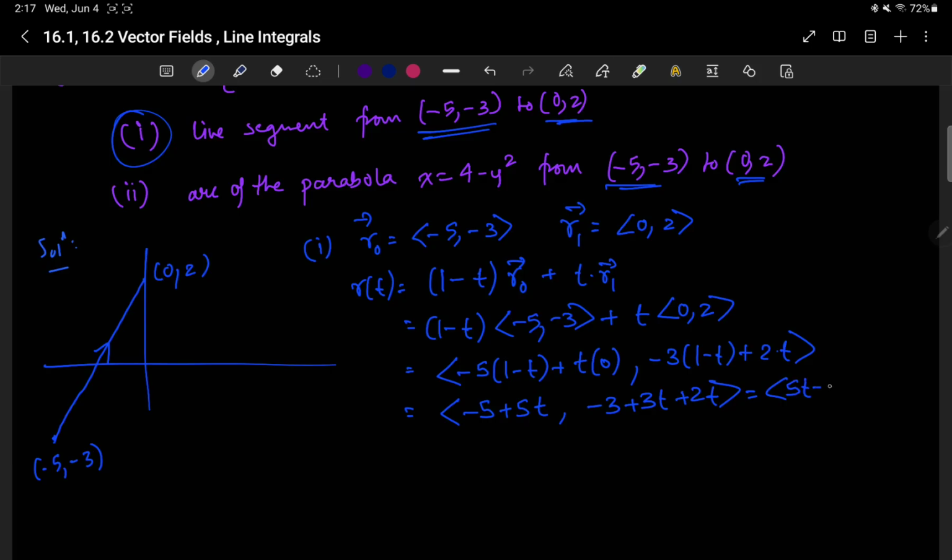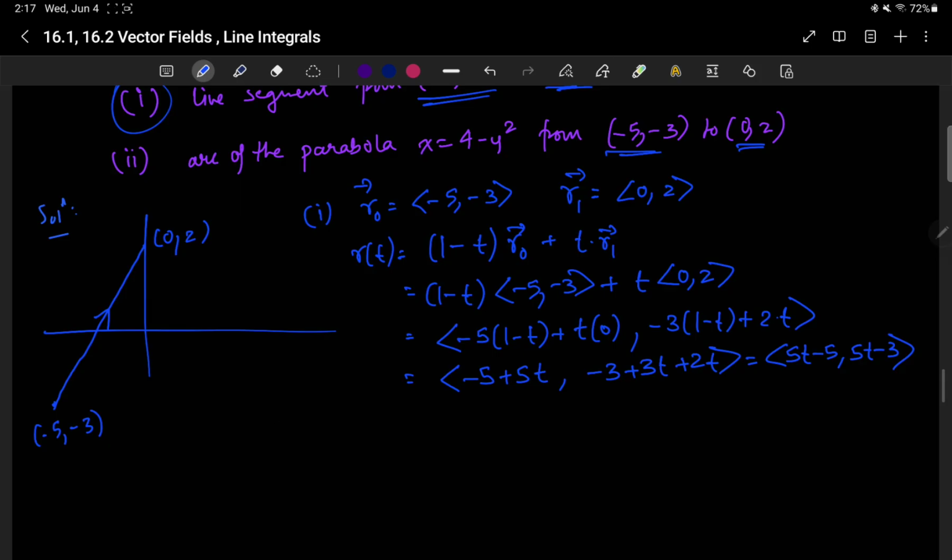So I have 5t minus 5 and 5t minus 3. So in my parameterization, the x coordinate is 5t minus 5 and the y coordinate is 5t minus 3, which means my x prime of t is 5 and my y prime of t is also 5.